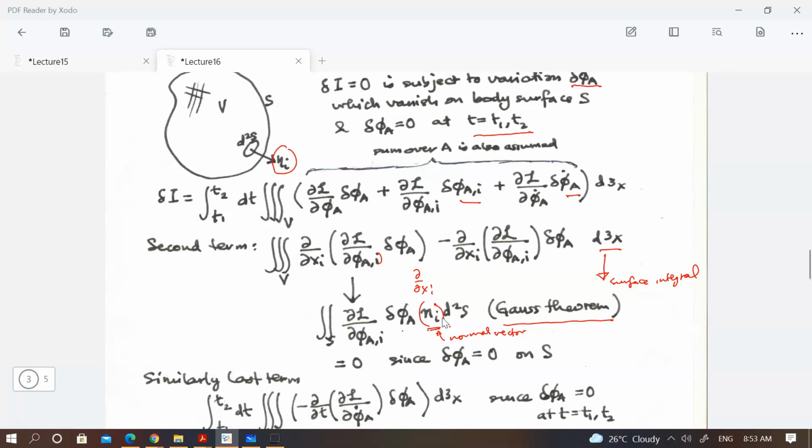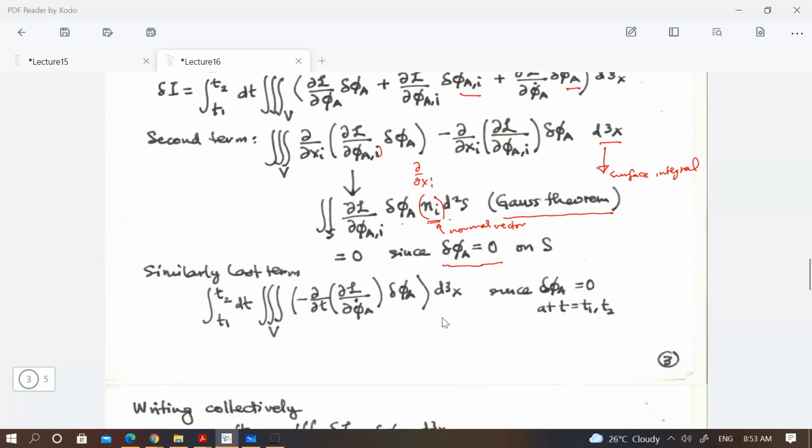What we need in this particular case, just like your time boundary condition, is a boundary condition on the surface as well. In other words, we want the field variation on the surface to be equal to 0. Once we fix this, this term will just give you 0, and you are left with that.